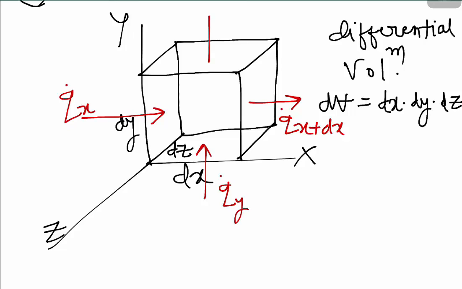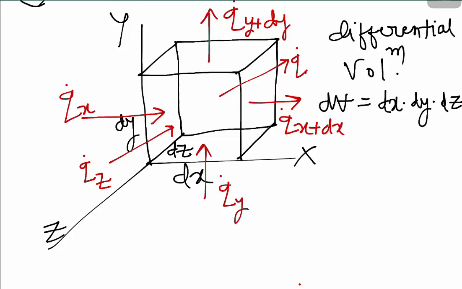At y plus dy, it is q dot y plus dy. And similarly, we can write at z, heat conduction rate is q dot z, and at z plus dz, it is q dot z plus dz.